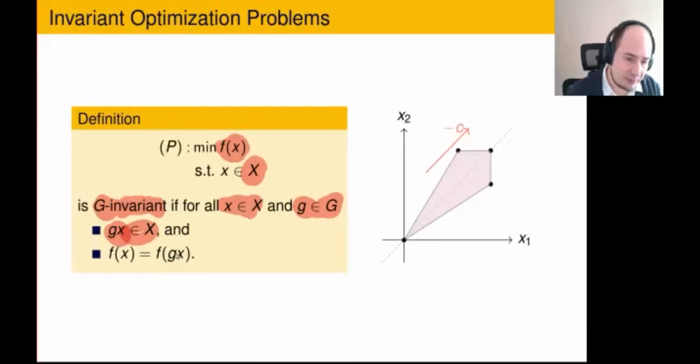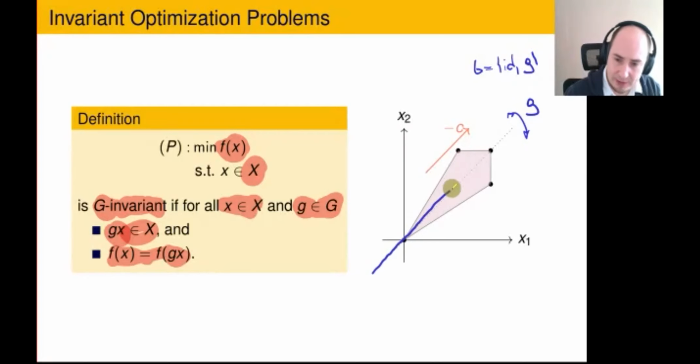And the same when you apply g to x, the objective function is maintained. This example on the right, for instance, this linear optimization problem is invariant under the group that contains the identity and the permutation of x1 and x2, which is just reflecting the space on this straight line over there.